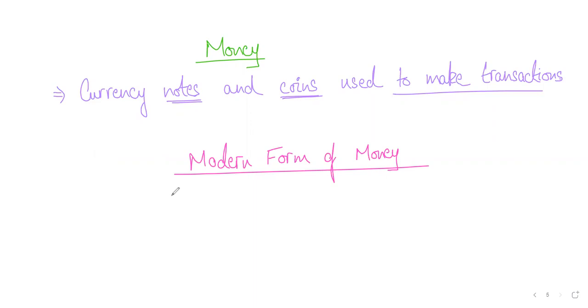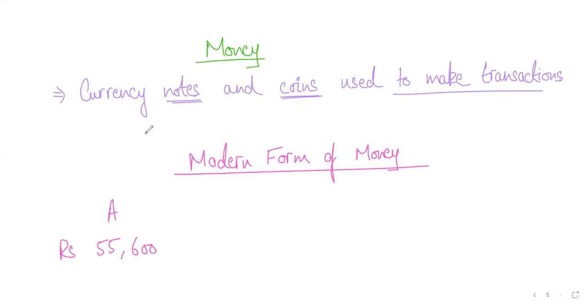Now, if I'm transferring money online, that is also money, right? Because think about it, if I'm making an online payment, that is another form of money, right? So my bank account, let's say there's a person A and his bank account shows 55,600 rupees, and he has to pay someone 5,000 rupees, right?